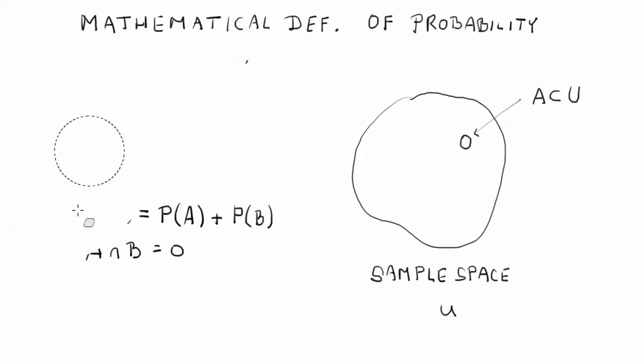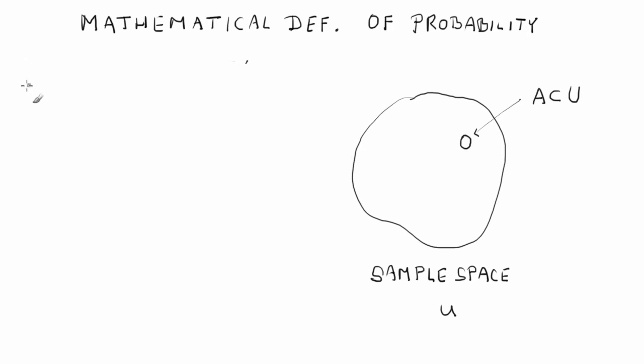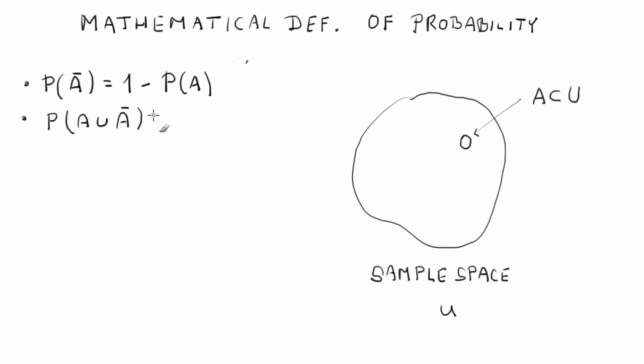Here are some implications of the axioms. Probability of A not happening is equal to 1 minus probability of A. Probability of A or A not happening equals 1. Probability of no event happening is equal to 0.